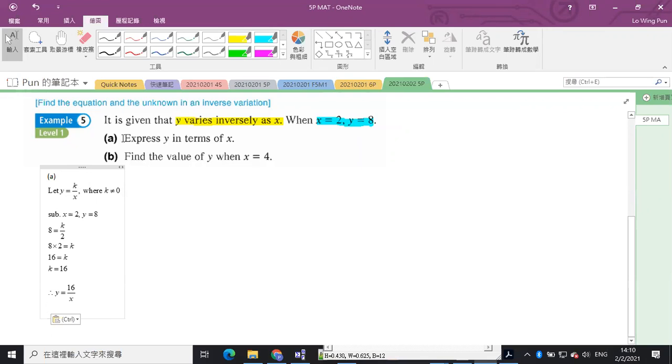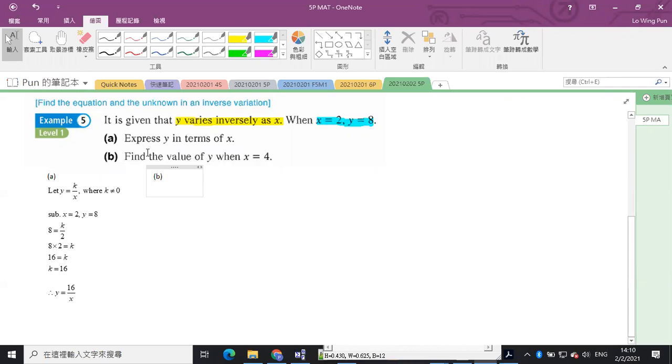Can you get this? Then for part B, that is easy, because as I have told you in the direct variation, when you have found the unknown of the equation, then there will be no more secrets for the equation. Every other thing the question is going to ask will be very simple, very straightforward.